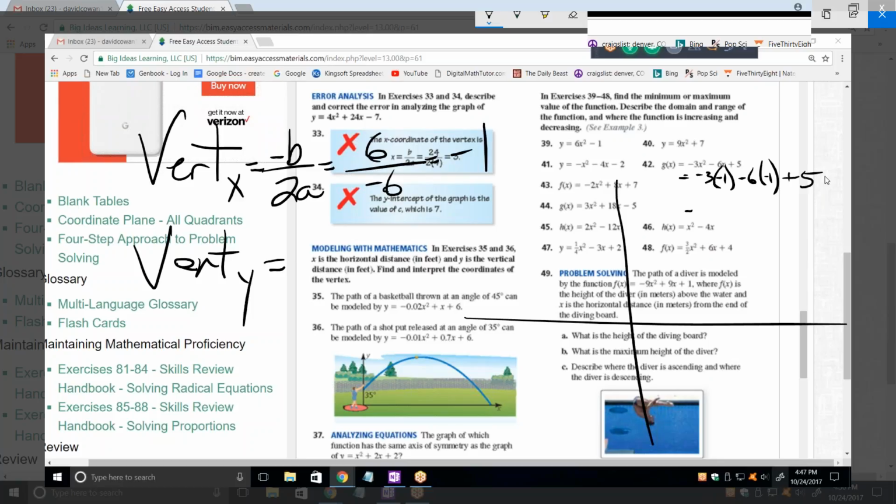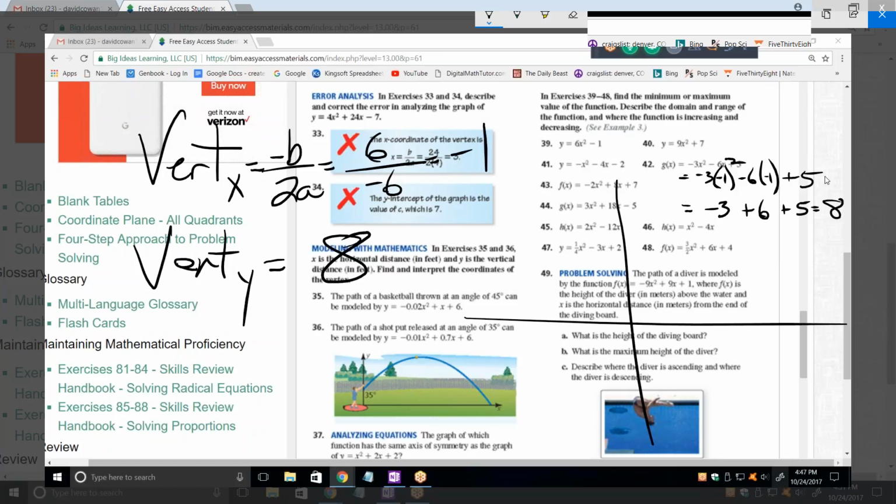Simplify. So negative 3 plus 6 plus 5 equals, so what? 8. Excuse me, that's the y coordinate of the vertex. Okay, now we know how to graph it.